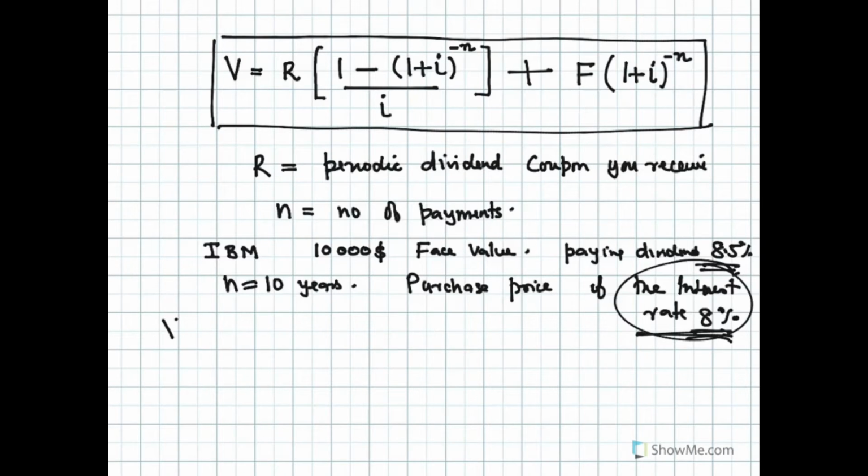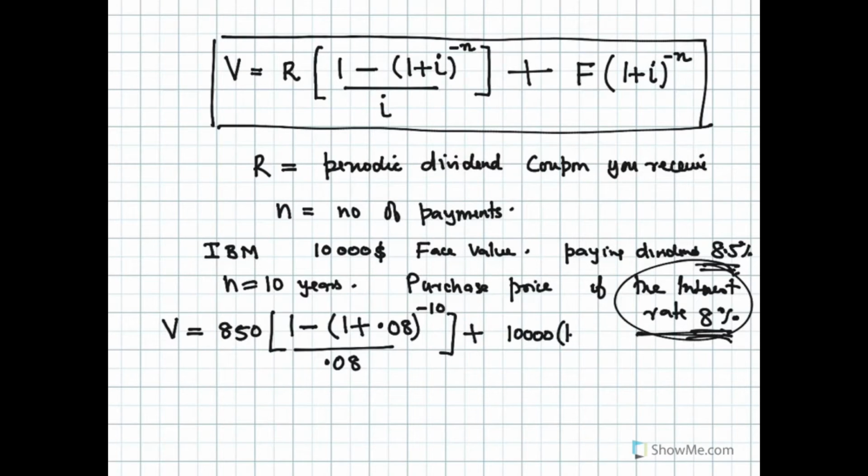So the value of the bond is equal to R. R is 850 multiplied by 1 minus (1 plus 0.08), this is the prevailing bank interest rate, to the power of minus 10, upon 0.08, plus the redemption value 10,000 multiplied by (1 plus 0.08) raised to minus 10.